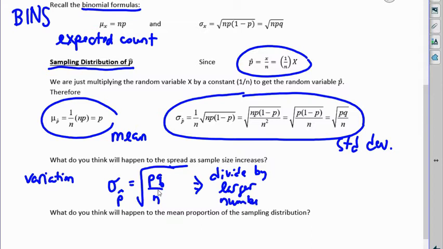So what do you expect the standard deviation to do as your sample size increases? The spread will decrease.